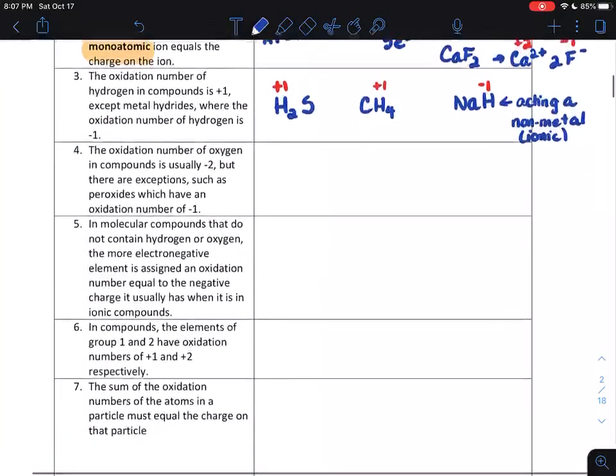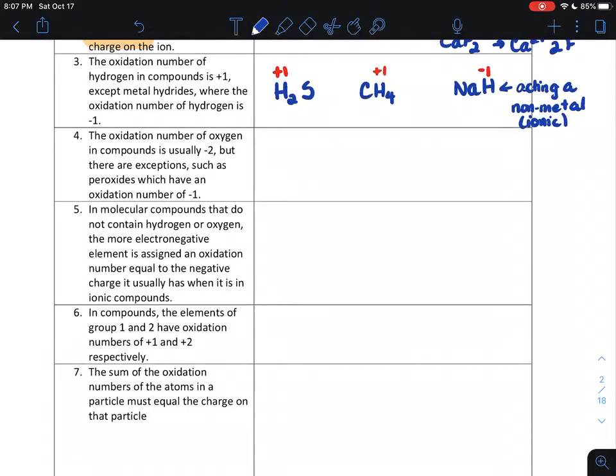So, our next one, oxidation number on oxygen. Again, this is a case where 99% of the time you will see an oxidation number of -2, but there is an exception to that, so we'll briefly talk about it. The oxidation number of oxygen in compounds is usually -2.